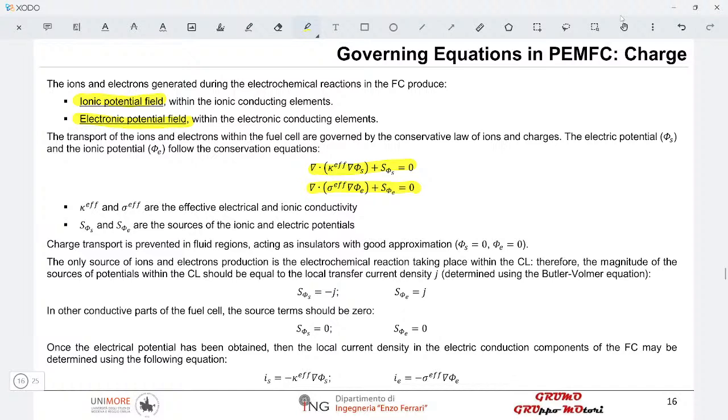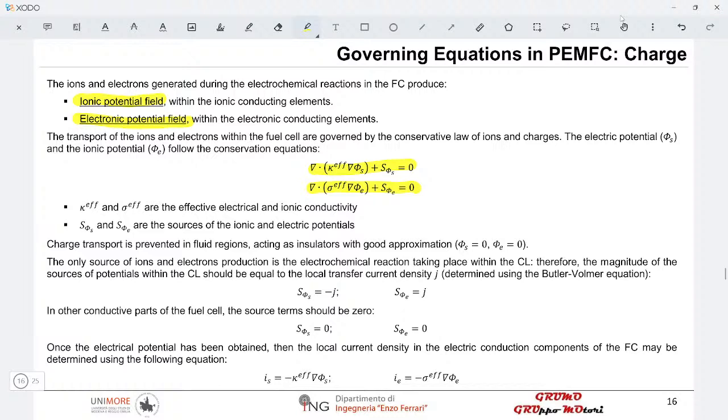Now, charge flow, charge motion only develops in solid parts, okay? The fluids can be considered with a good approximation as insulators, okay? Clearly, all of the fluid species will have an electric conductivity, but it is extremely lower and reduced compared to the conductivity of the solid part. So that is why we can consider the transport of charged species only developing through the solid materials.